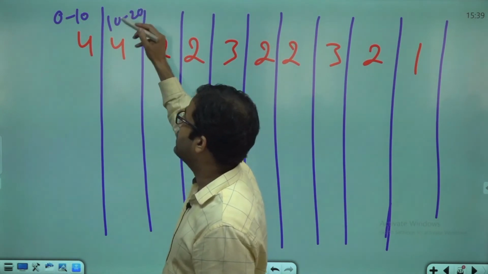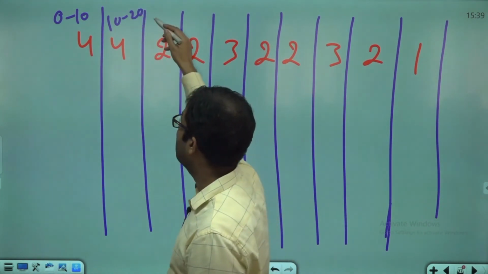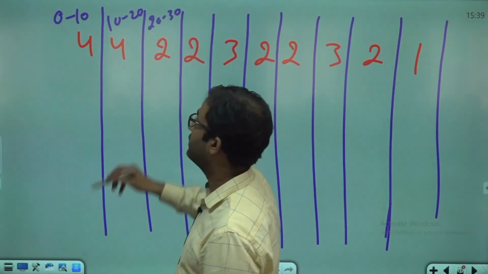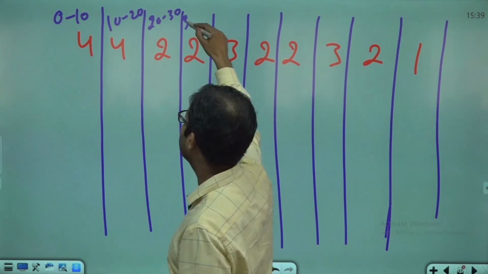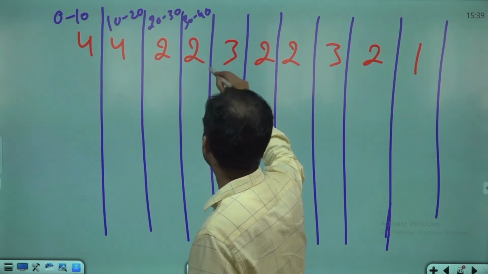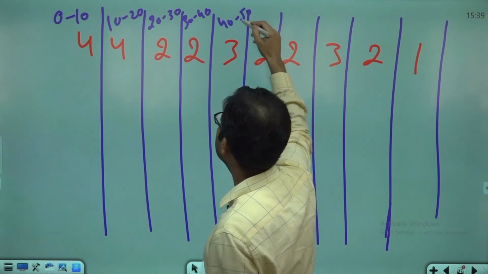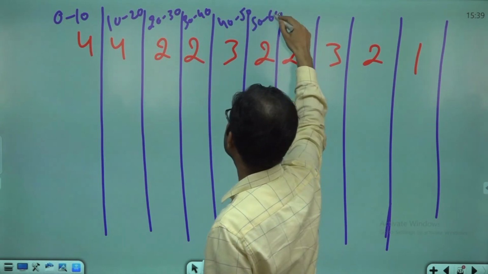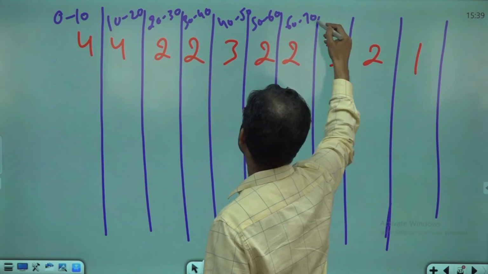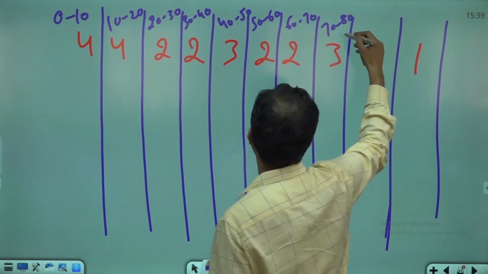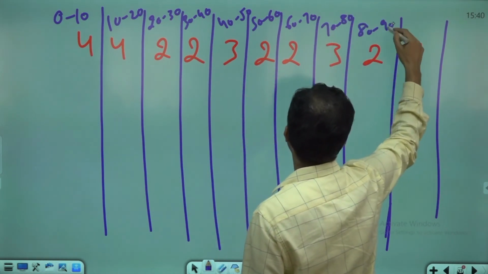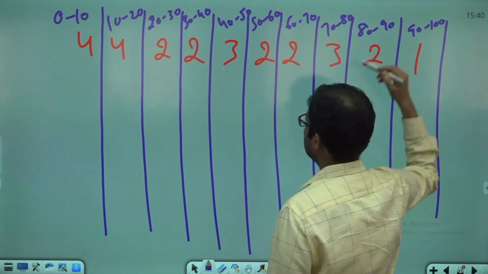Between 10 and 20, there are 4 prime numbers. Between 20 and 30, there are 2 prime numbers. Between 30 and 40, there are 2 prime numbers. Between 40 and 50, there are 3. 50 and 60, 2. Between 60 and 70, 2. Between 70 and 80, 3. 80 to 90, 2. 90 to 100, 1.